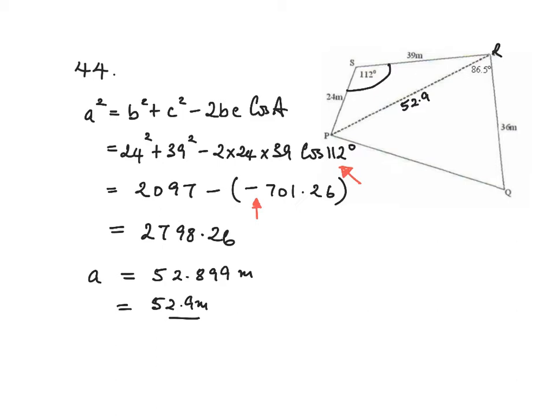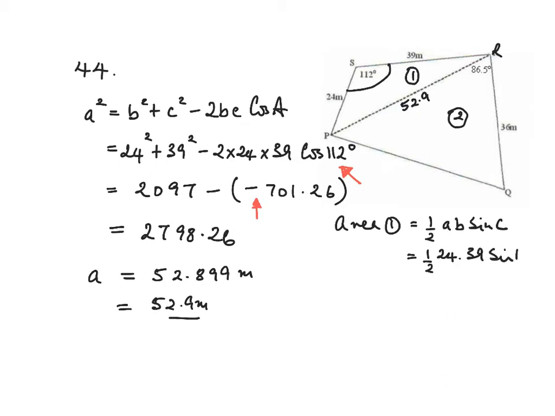Let me split the triangle into, well, it's already split. Let me just label those parts 1 and 2. The area of 1 is a half ab sine C. So it's a half of 24 times 39 times sine of 112.